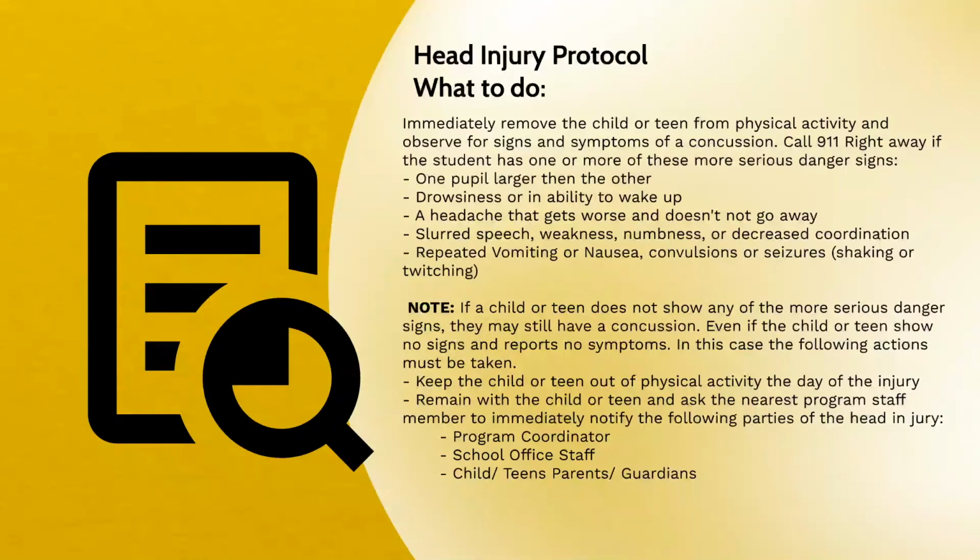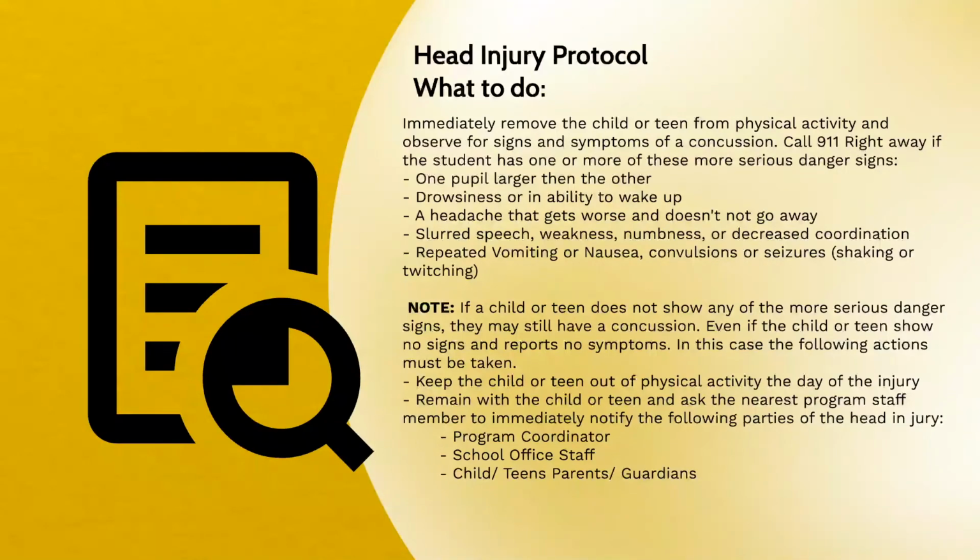Call 911 right away if the student has one or more of these serious danger signs: one pupil is larger than the other, drowsiness or inability to wake up, a headache that gets worse and does not go away, slurred speech, weakness, numbness, or decreased coordination, repeating vomiting or nausea, convulsions, or seizures.